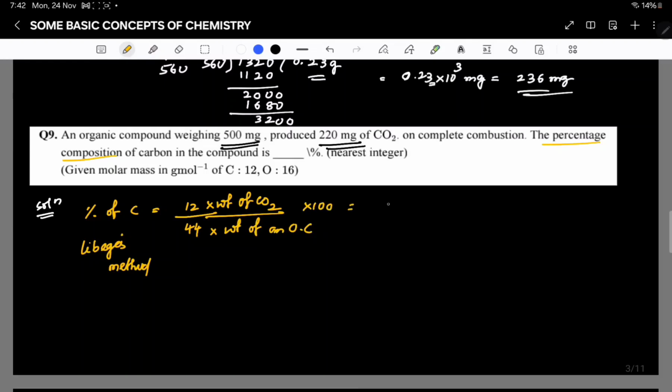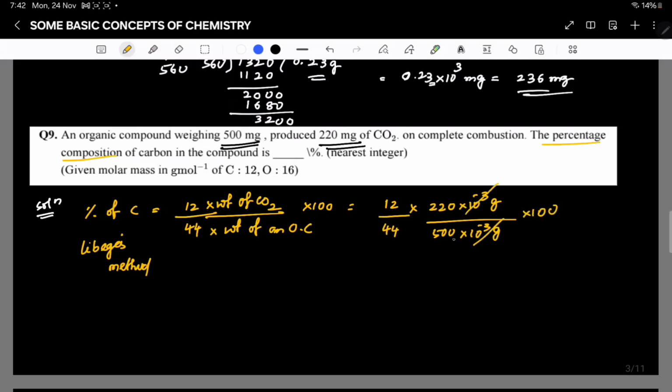Now look, 12 divided by 44 into the weight of CO2 given, 220 mg. You can convert milligram to gram. So 1 milligram is equal to 10 power minus 3 grams, divided by the weight of the organic compound in grams, that is 500 into 10 power minus 3 grams, into 100.